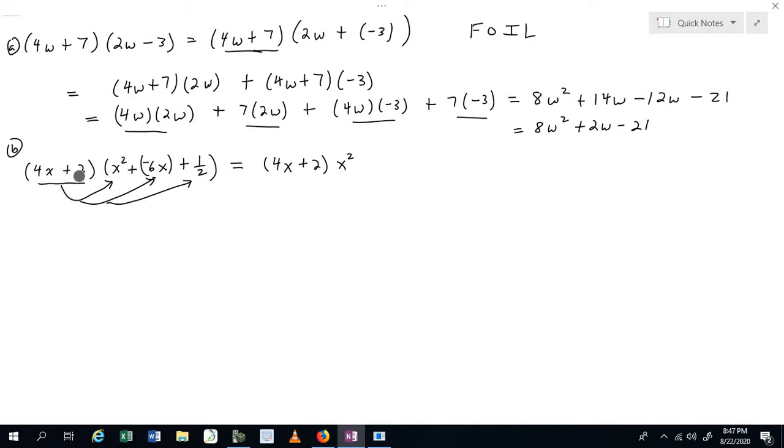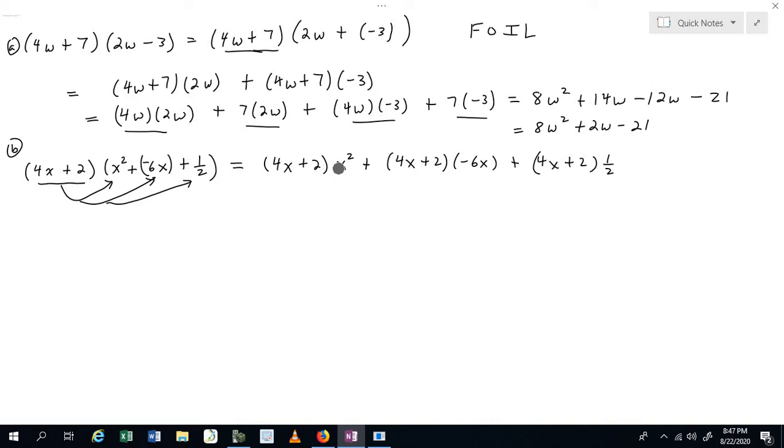So then this 4x plus 2 is being distributed to negative 6x. And then I'm adding that. And then plus what I get when I distribute this to the 1/2. So that's what you get when you distribute the 4x plus 2 to each of these three terms.